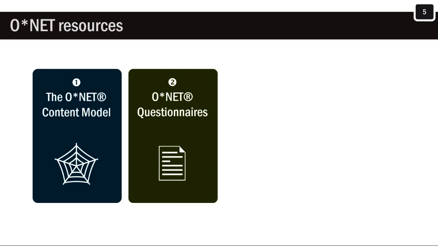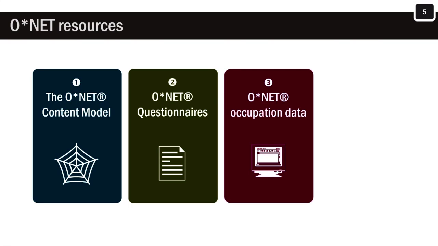Second part of ONET is questionnaires. These questionnaires have been developed from the content model, and they're used by the ONET team to collect the information about occupations. You can use these questionnaires for your own work analysis projects. They are available online from ONET and also from your online module. The core part of ONET is, of course, its occupation data.